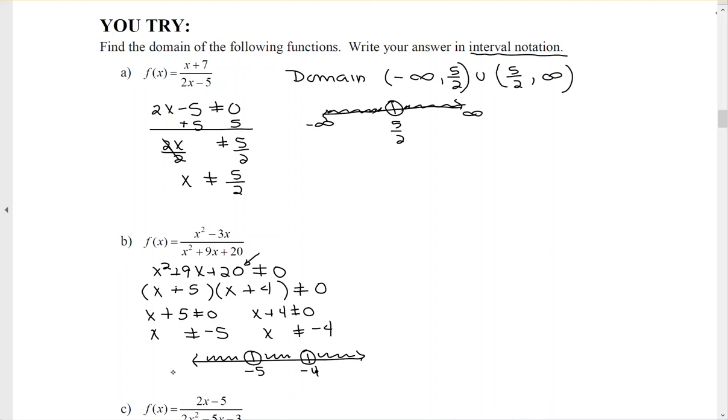So again, starting from left to right, our domain is going to be starting towards negative infinity, all the way to negative 5. Then you're going to catch this piece in between, negative 5 to negative 4.